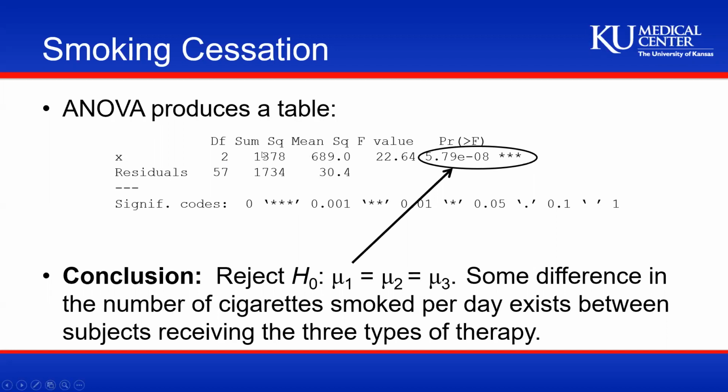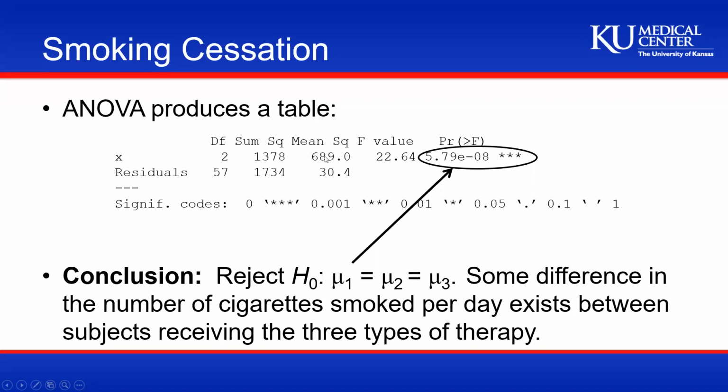When we think about an average, a mean, you add up all the values and you divide by the sample size. Well, this is the sum of all of those squared values that make up the variance, and that's what you divide by. So if I took 1378 and divided by 2, I should get 689. That's primarily the reason why you would see these two things given to you in a table.